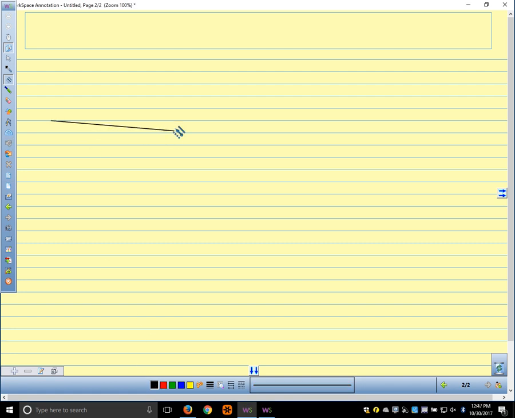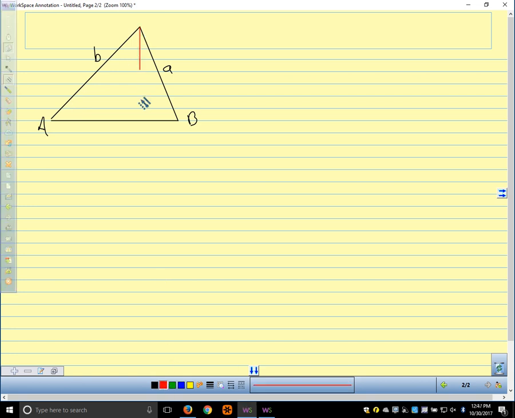So here's what we have in that situation. There's angle A, there's side B, and there's angle B. And let me draw in the height here. And our height is still B sine A. Is this still a side-side-angle?